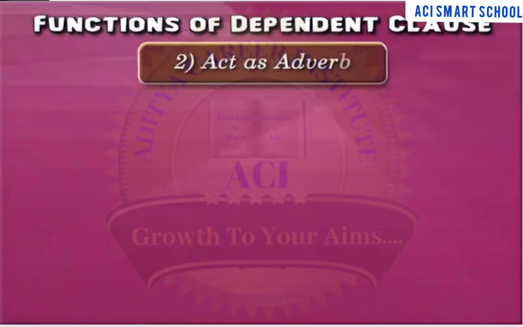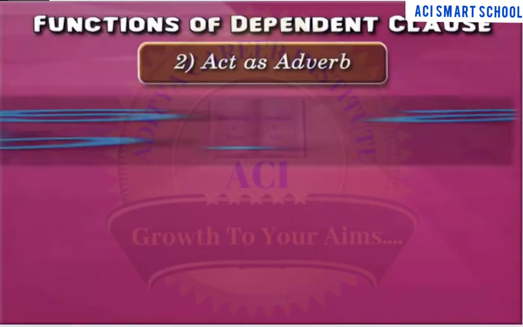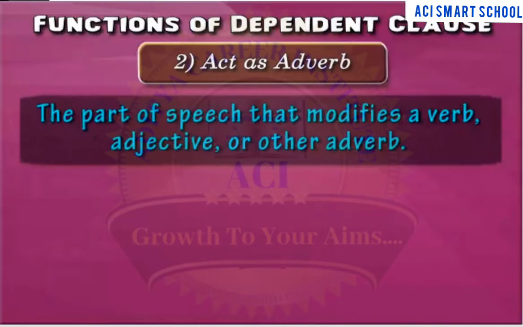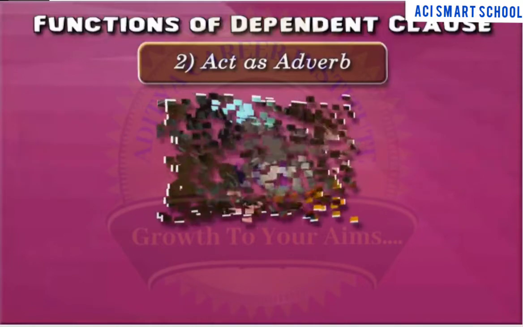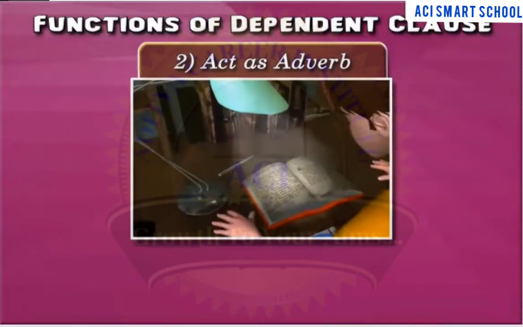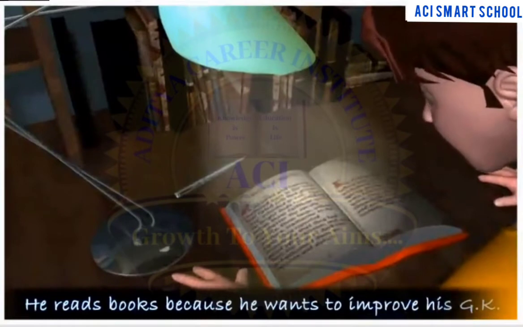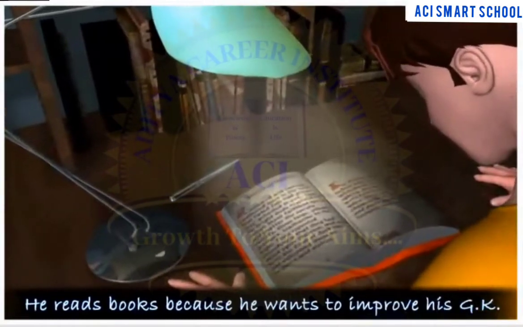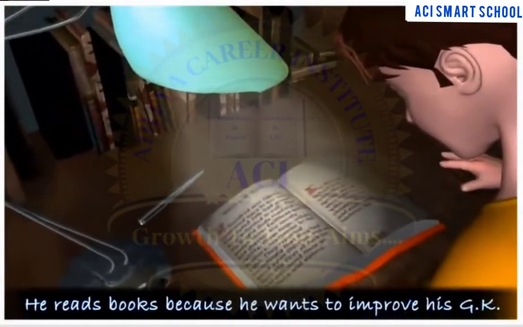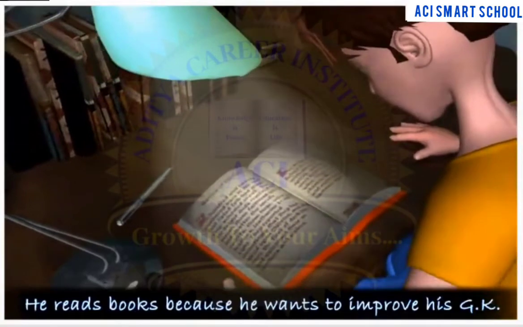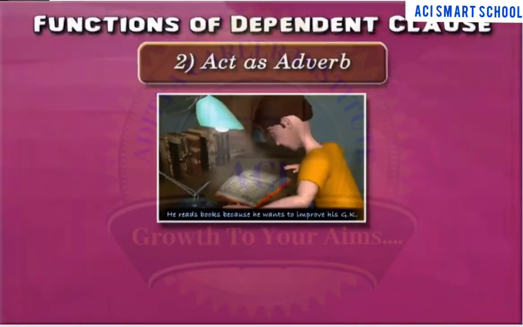2. A dependent clause tends to act as an adverb, or the part of speech that modifies a verb, adjective, or other adverb. He reads books because he wants to improve his GK. This sentence can be broken into two clauses as follows.